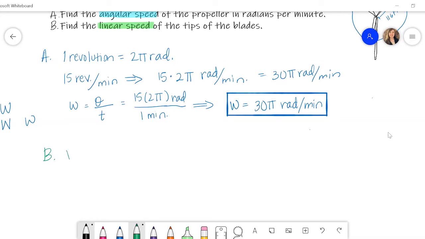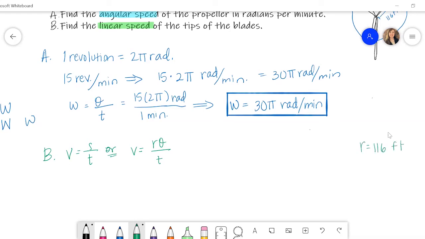Well, the formula we have is V is S over T, or we can equivalently say V is equal to R theta over T. For us, that value of R, our radius, is 116 feet.